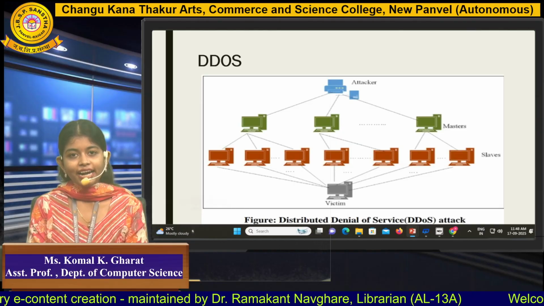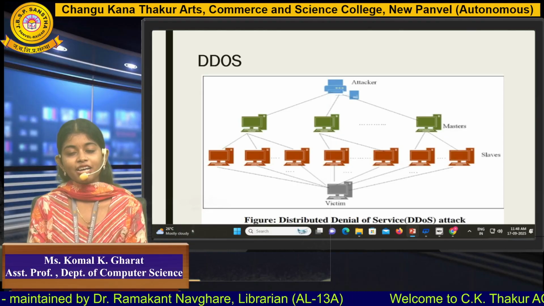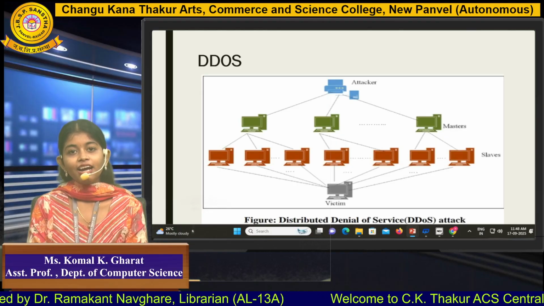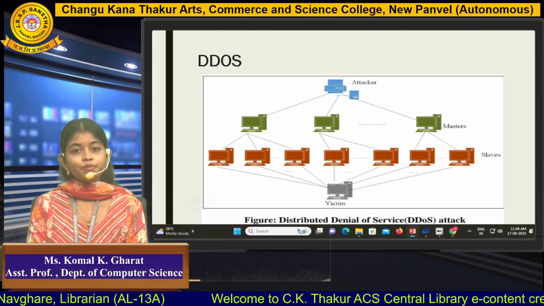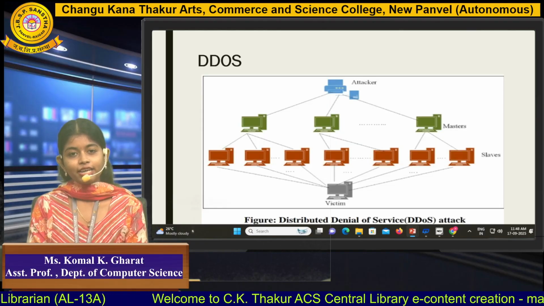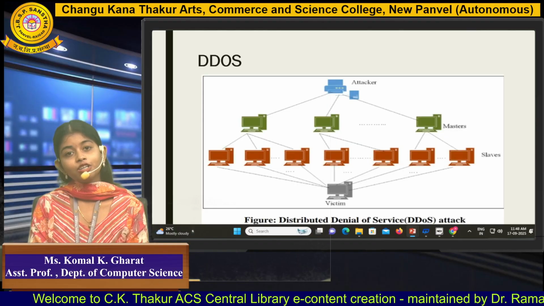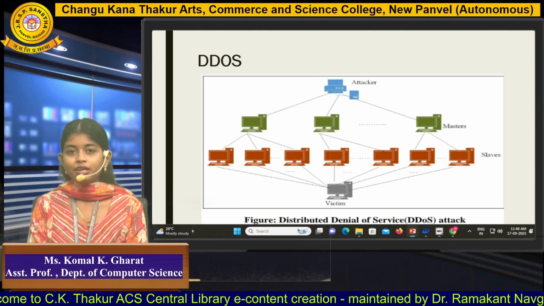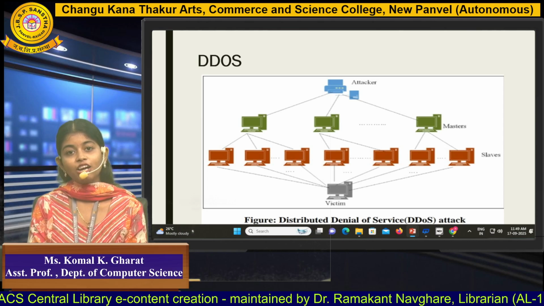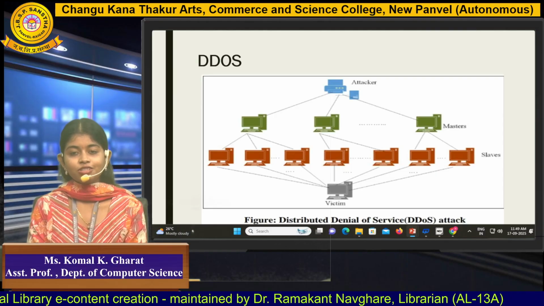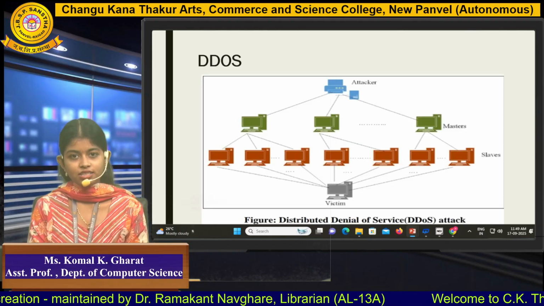So here the attacker manages master systems. These master systems are controlled by the attacker, who sends commands to these master machines. Now these master machines try to gain unauthorized access to other systems which are not controlled by the attacker but belong to genuine users. The master systems try to gain unauthorized access to these slave systems, and the slave systems follow every command from the master system.